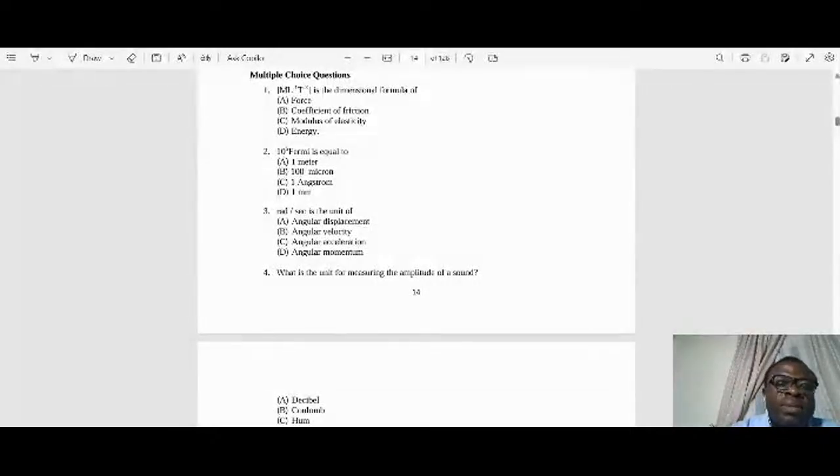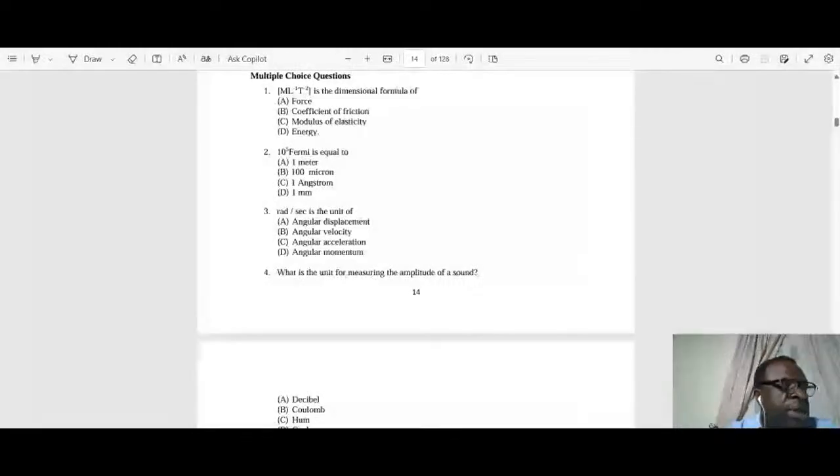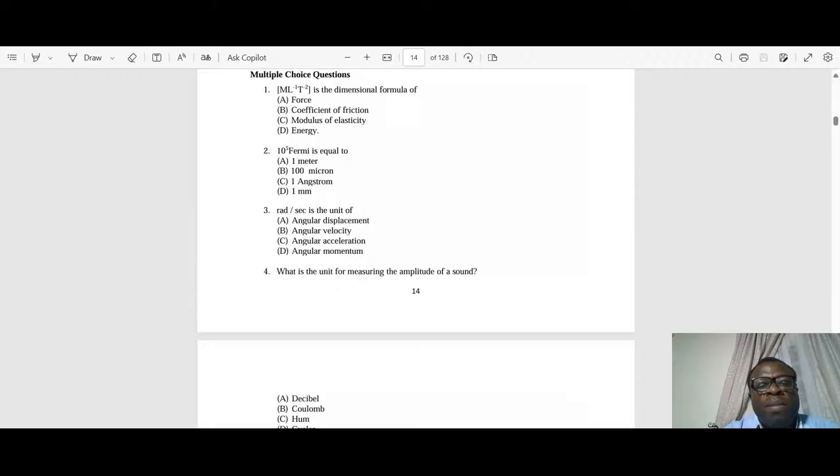What is Fermi? What is the relationship between Fermi and meter? 1 Fermi is equivalent to 10 raised to power minus 15 meters. I hope you are writing it down.